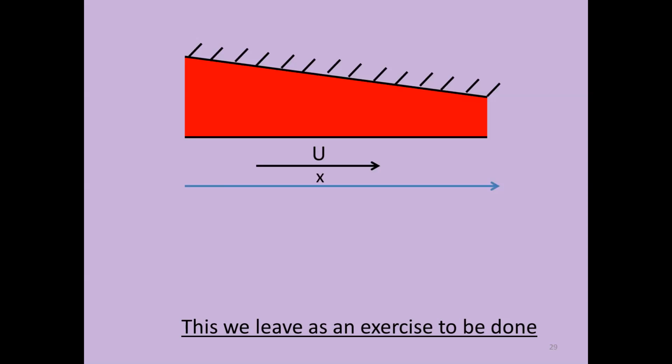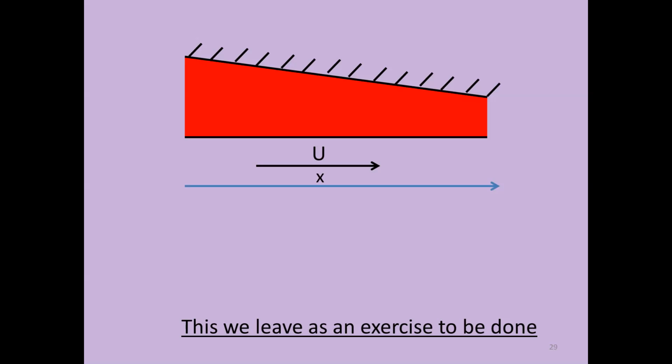So we have two surfaces represented in black. The upper surface is fixed, while the lower surface is moving towards the right with a linear velocity u. And in red is the fluid, a viscous fluid. Every fluid has some viscosity associated with it.